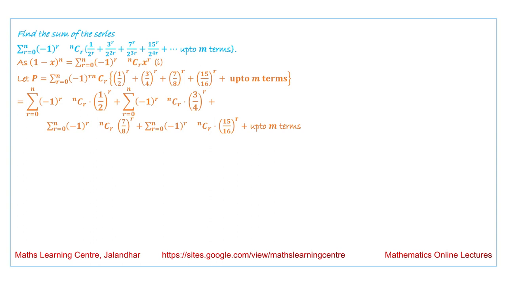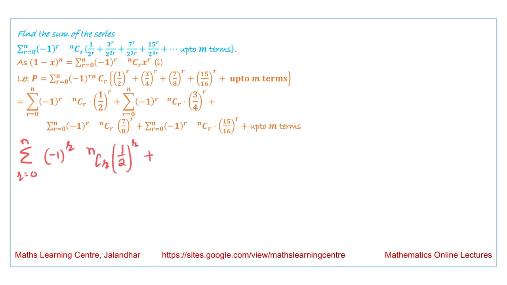Next is find the sum of the series. This series is given to us. If we look at these terms and write the individual terms, we are talking about sigma r equal to 0 to n of minus 1 raised to the power r, then nCr. The next term we will have is 1 by 2 raised to the power r.